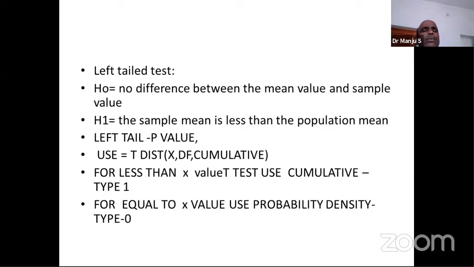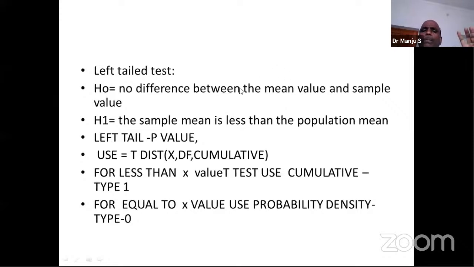So when do we take a left-tailed test? I was giving you the example of university and college results. Let us say the university result is 65% and our college result is 60%. Then obviously we should take a left-tailed test.